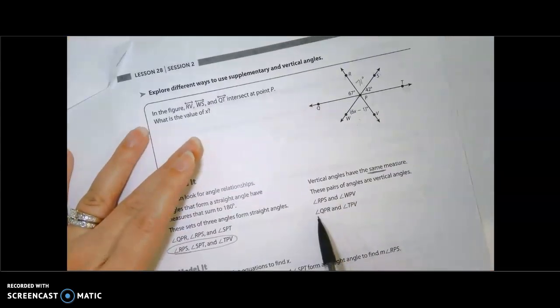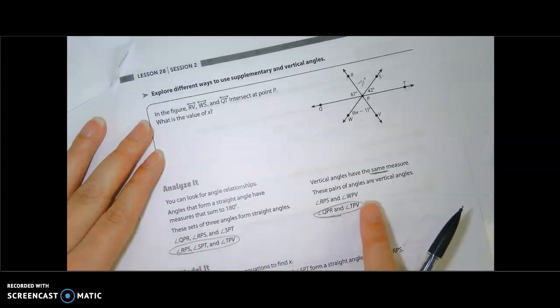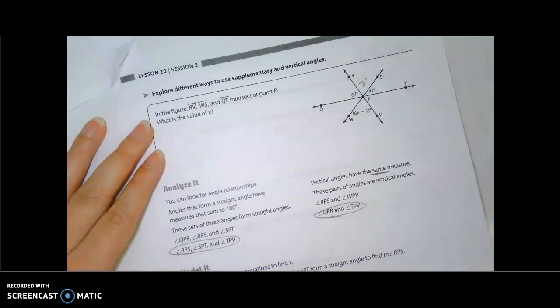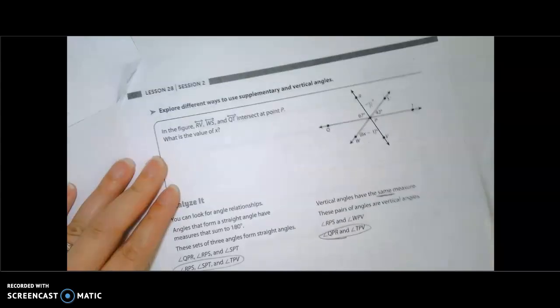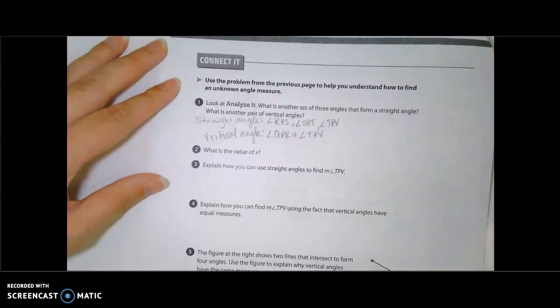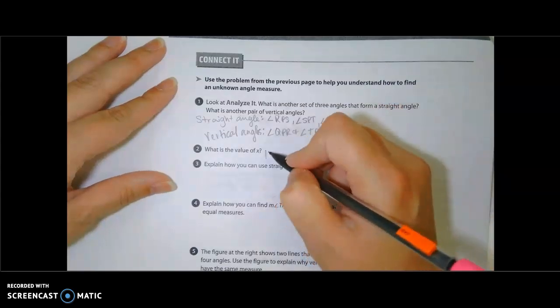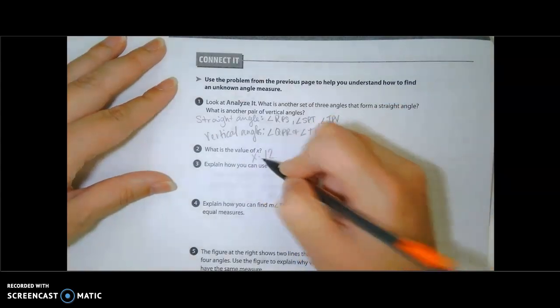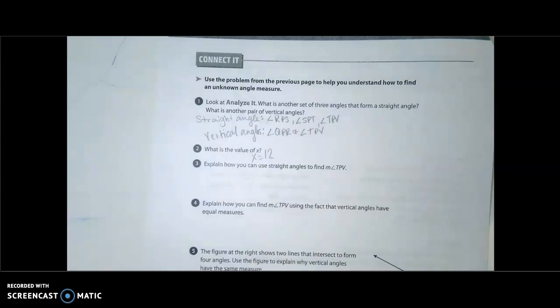So, again, I got those from looking at these sets right here. So, from there, that's the answer to that question. Those are our other set that we could use. We know the value of x is 12 because we finished solving.